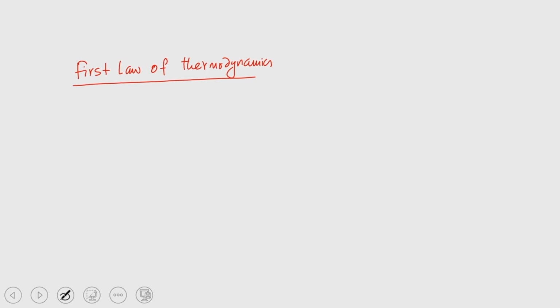So, if we try to apply the first law to the control mass system initially, so this is a control mass system. What is a control mass system? We have seen that there is no interaction of mass with the surroundings.